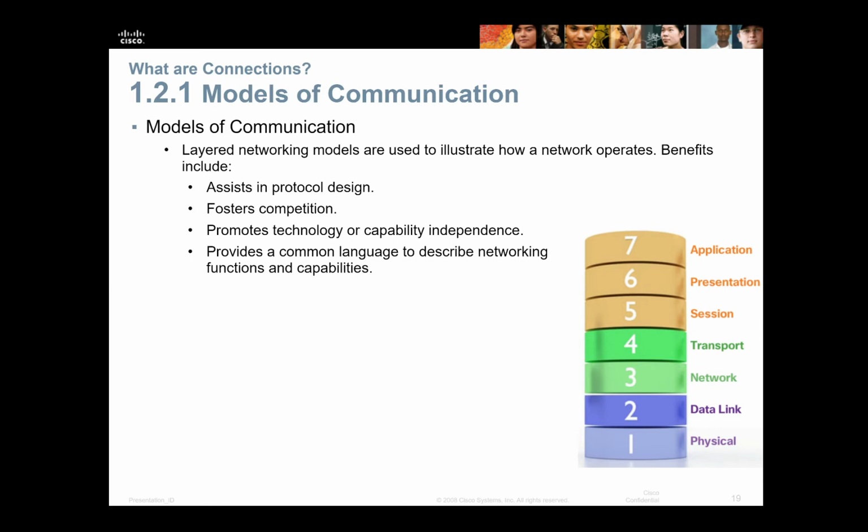There are several different models of communication, although only a couple of those are in real use. This 7-layer representation of the communication stack is quite often used. It's the same as the OSI model if you have heard of it.